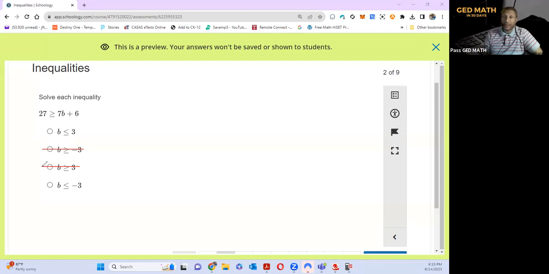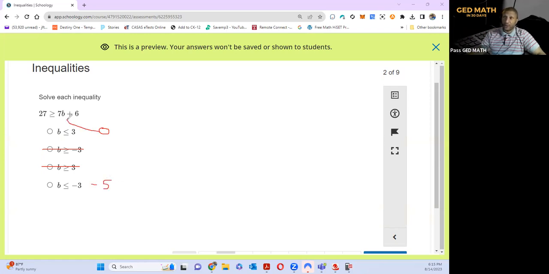So now, let me show you something. A lot of times algebraically we get too deep into trying to do it the right way. Understand what an inequality is. It means any answer less than 3. So I'm gonna pick 0. 0 is less than 3. Any number less than -3, I'm gonna pick -5.